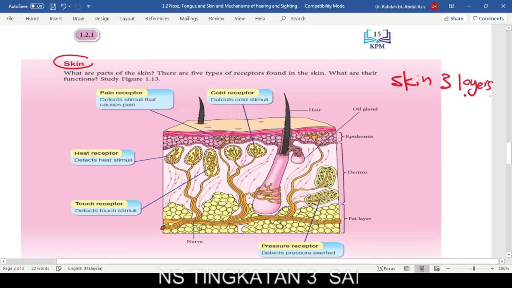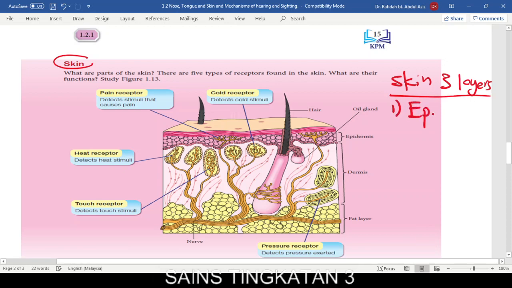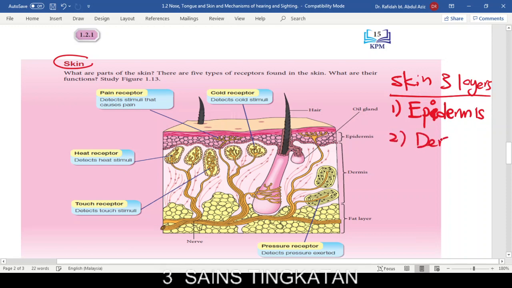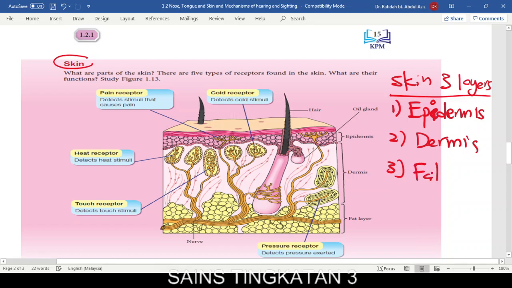The first layer we call the epidermis, and this is the outer layer. The second is the dermis, and the third layer is the fat layer.